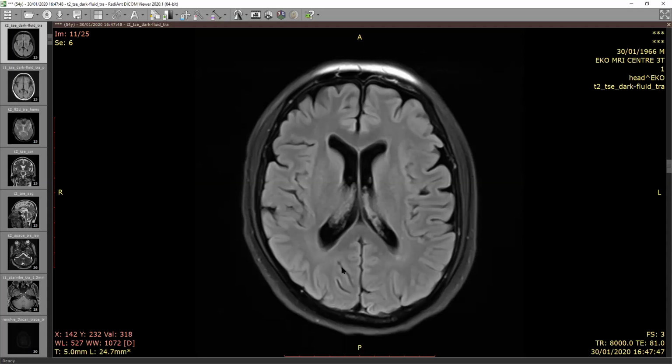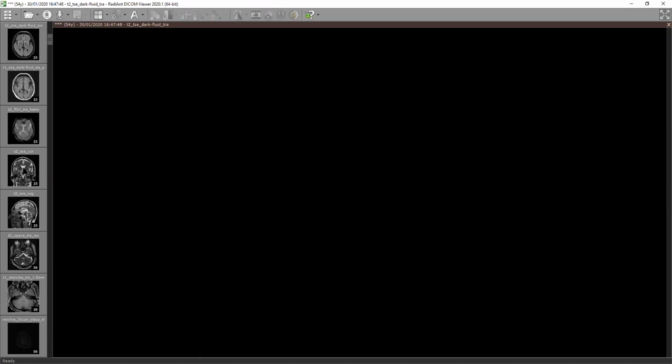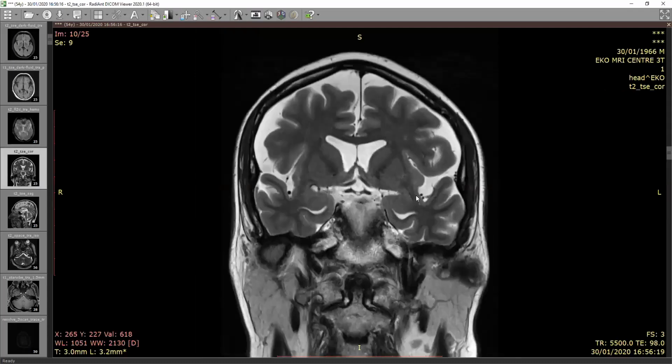Now, someone had put in a question the other day as to why would we want to have a flare image. I'll tell you why. This is not so much used for us as ENT specialists, other than when you are looking at the inner ear.